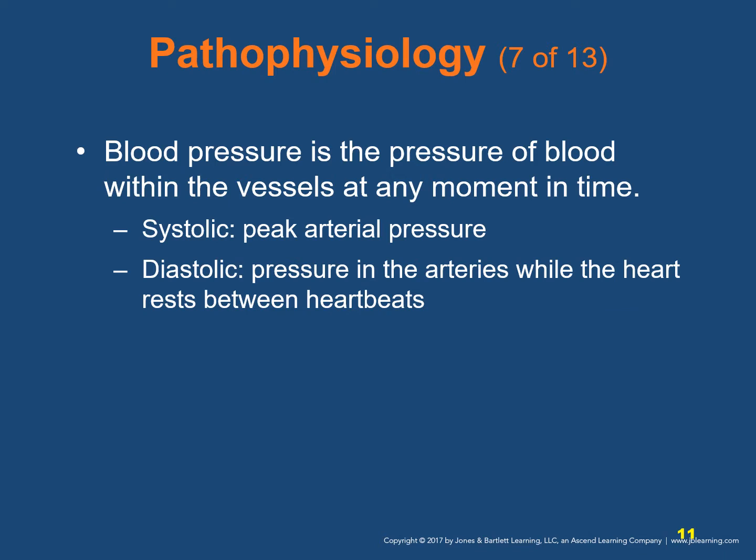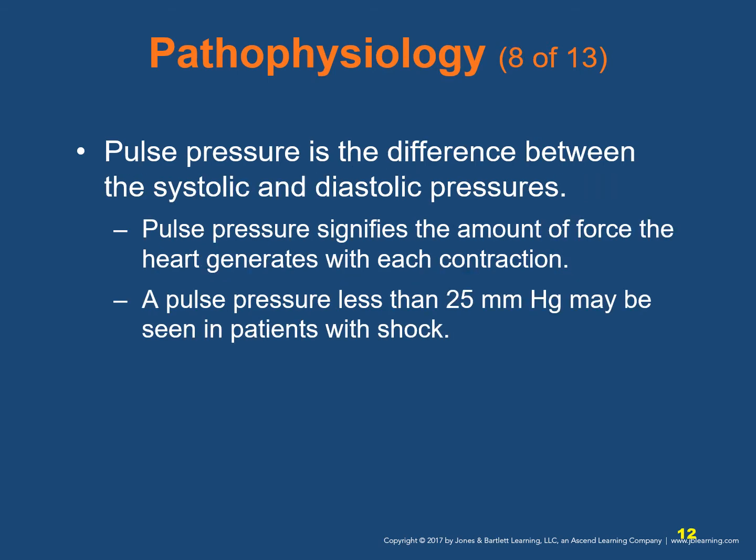Blood pressure is the pressure of blood within the vessels at any moment in time. Systolic pressure is the peak arterial pressure or pressure generated every time the heart contracts. Diastolic pressure is the pressure maintained within the arteries while the heart rests between heartbeats. Pulse pressure is the difference between the systolic and diastolic pressures.